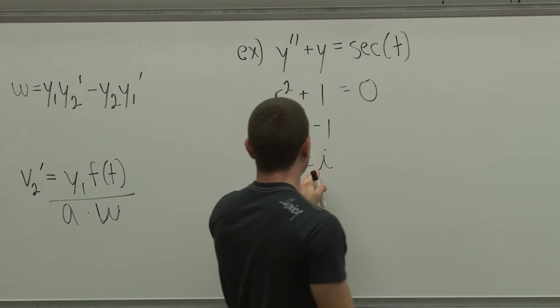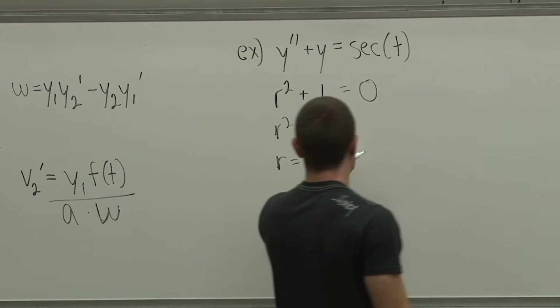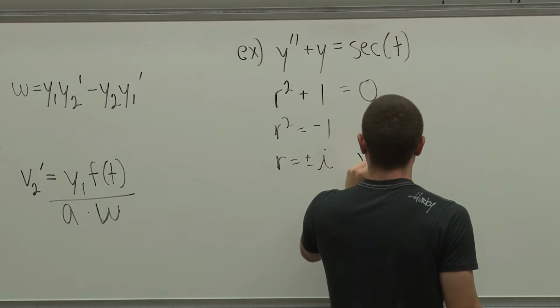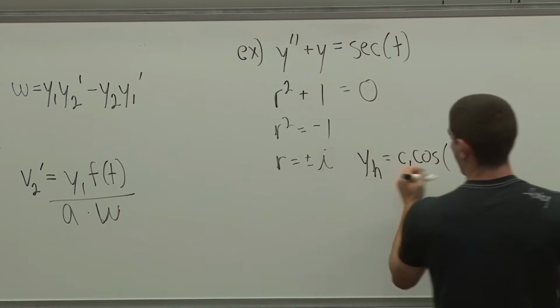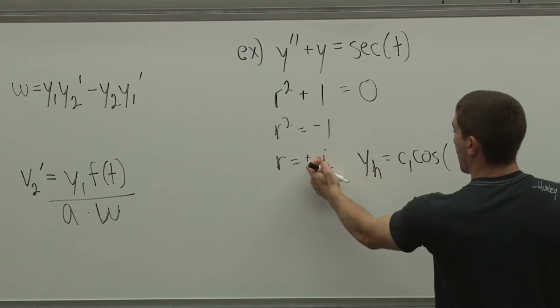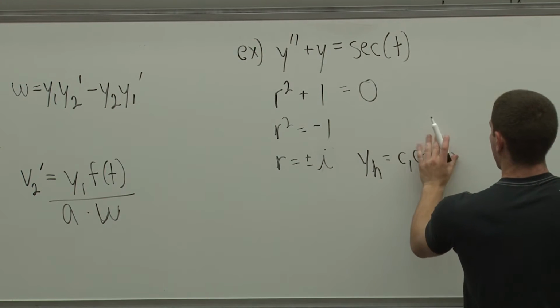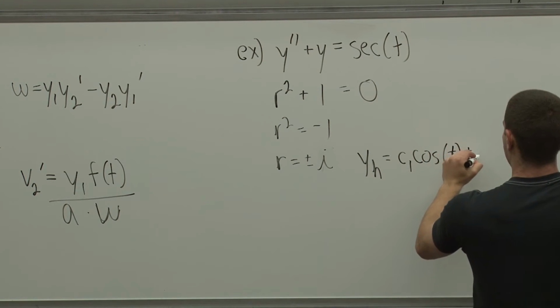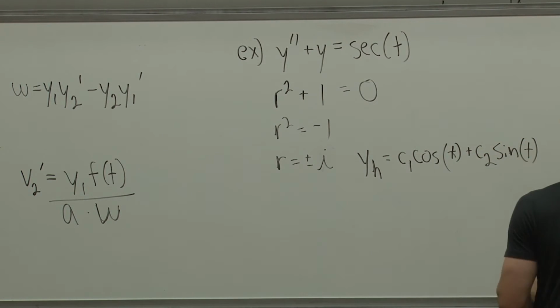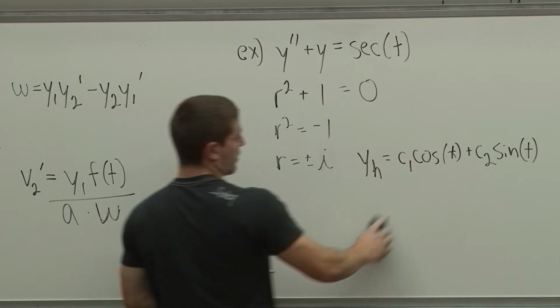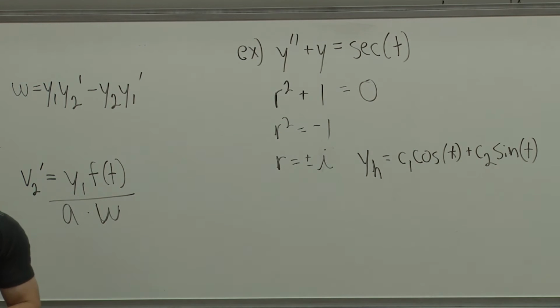OK, so with this complex root, we can find the homogeneous solution, which is y homogeneous equals c1 cosine of 1t, because the coefficient of the i is just 1, plus c2 sine of t. All right. So that's the homogeneous. Pretty straightforward.